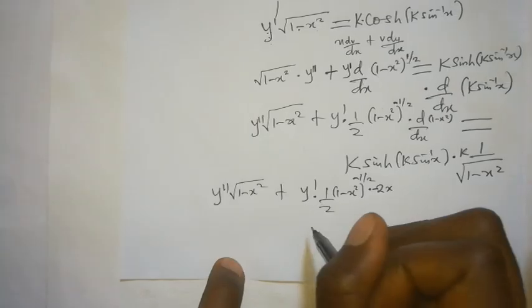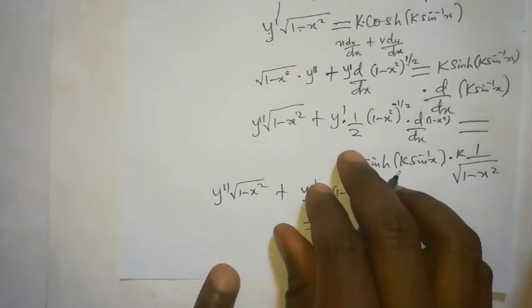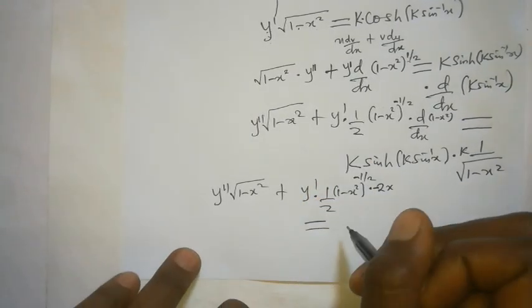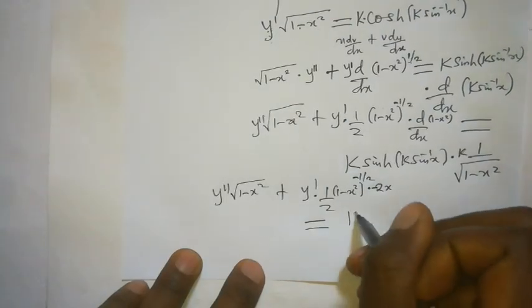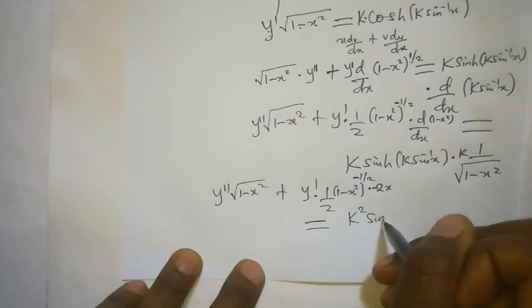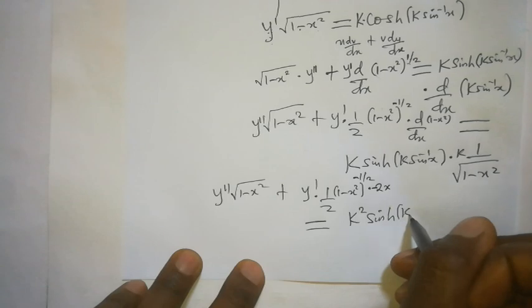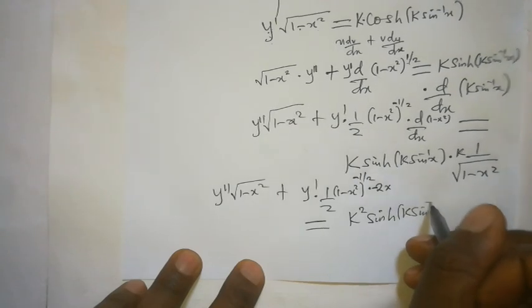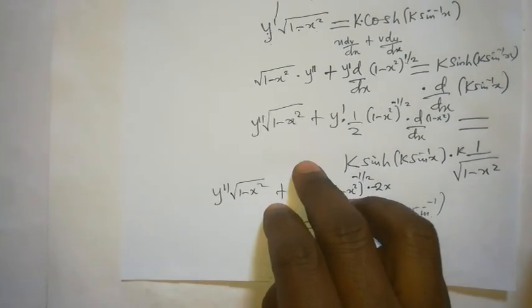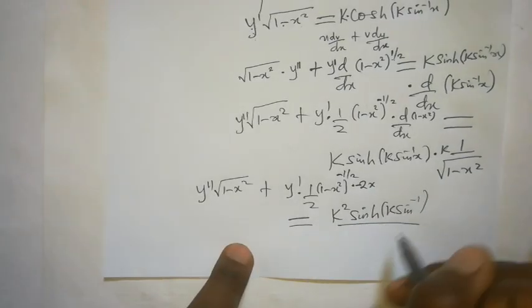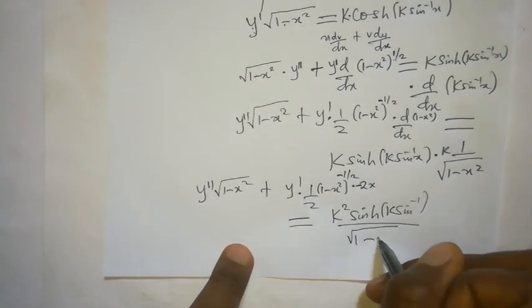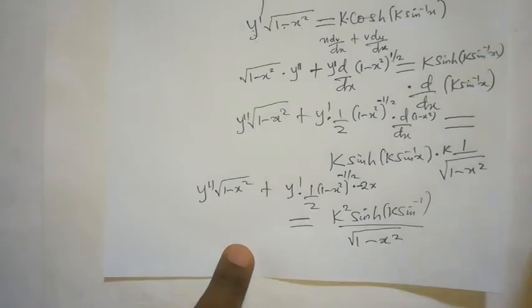So which is equal to k. You see k and k, we have k squared sine k sine inverse of x, everything all over what? Square root of 1 minus x squared.